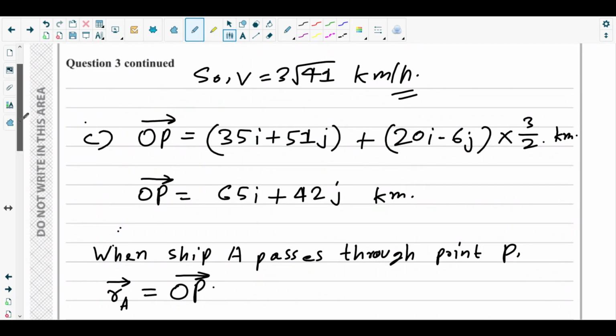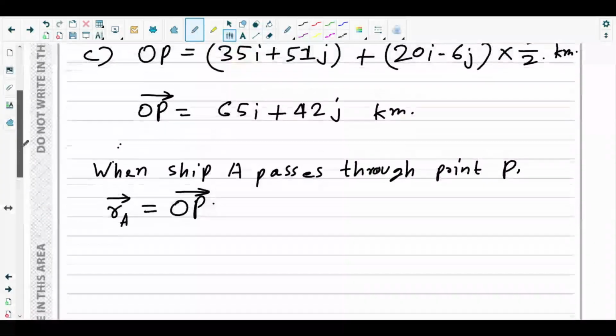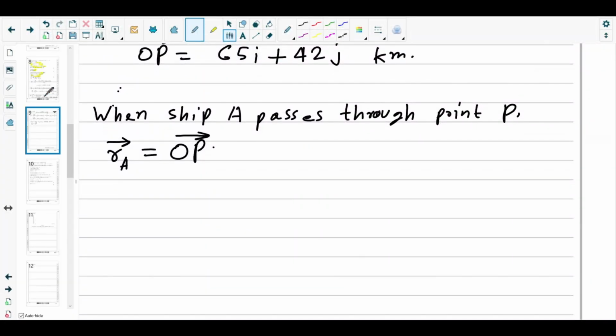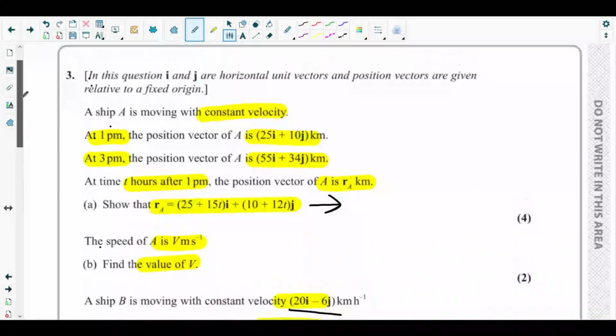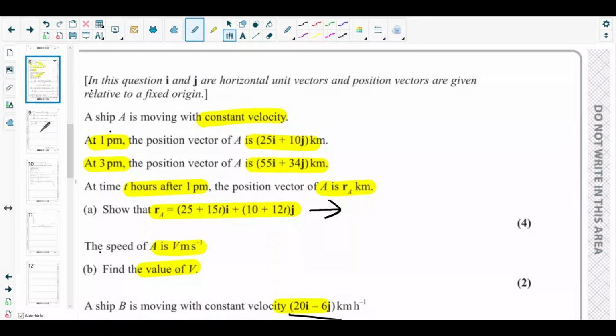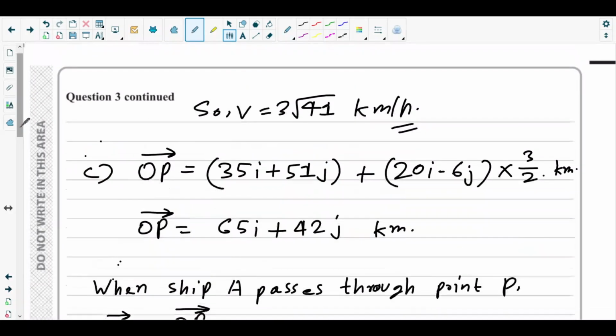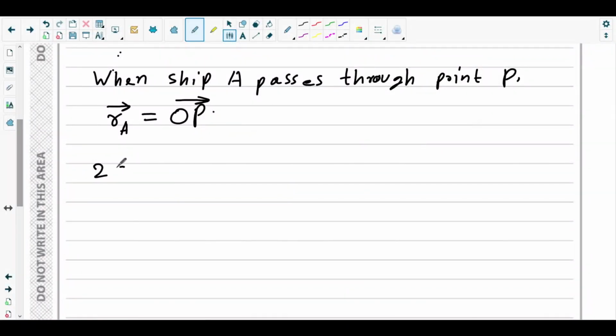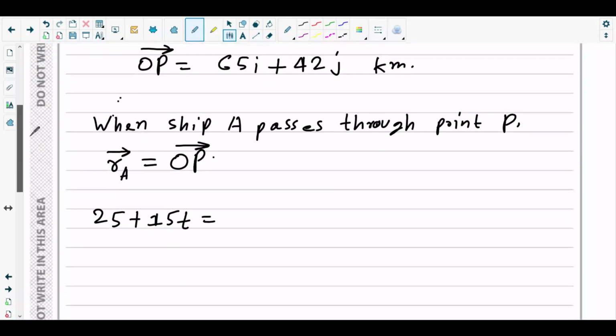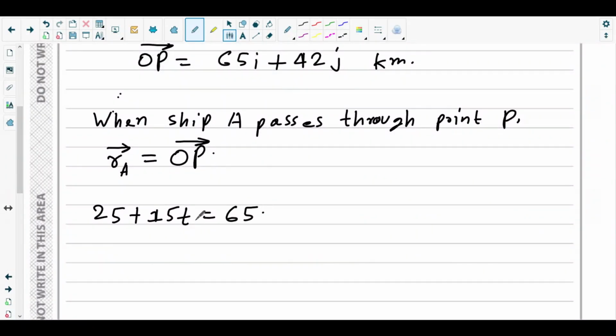So equate the i components. What's the i component of ship A? This is basically 25 plus 15t. This is equal to the i component of point P, which is 65.